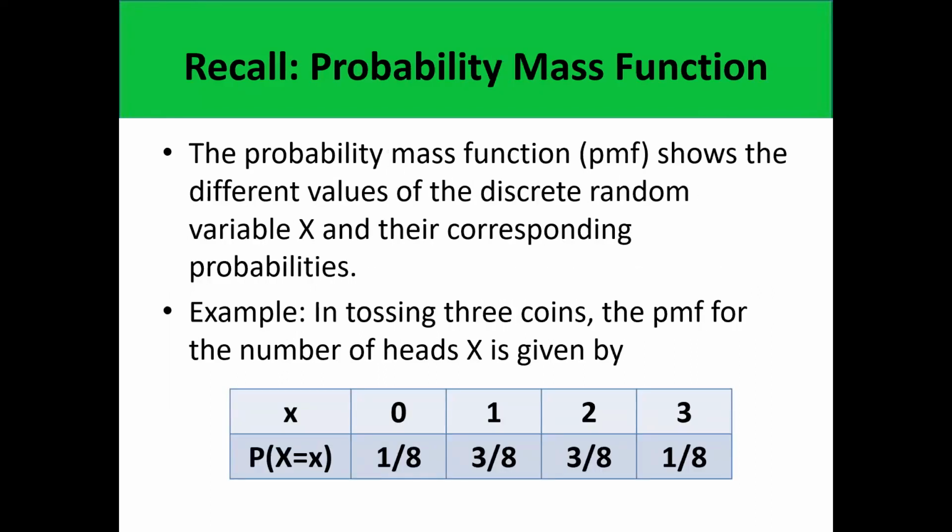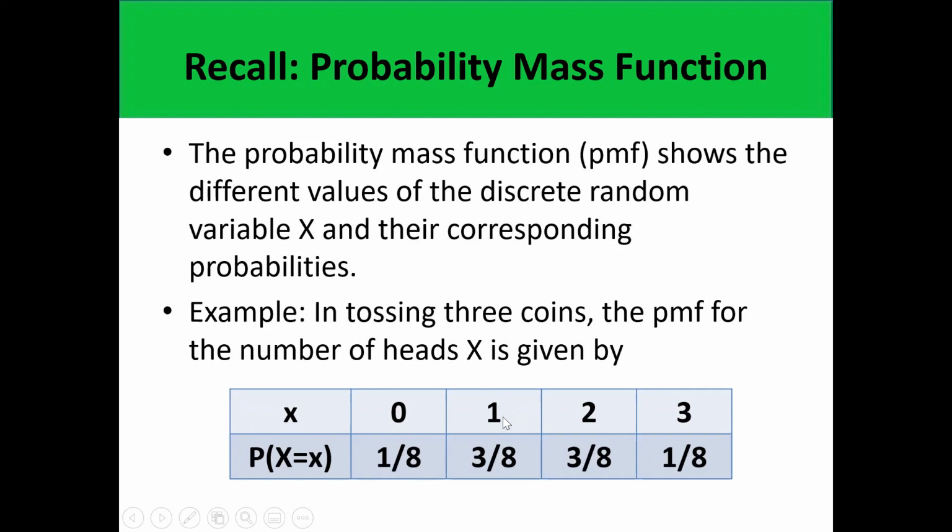Now, the probability mass function, which is the probability distribution of a discrete random variable, is represented in table form. In table form, you will see the possible values of x and their corresponding probabilities. For example, in tossing three coins, the PMF for the number of heads x is given as follows. If the toss contains no head, then the probability is 1/8.